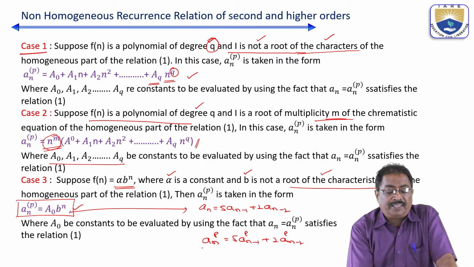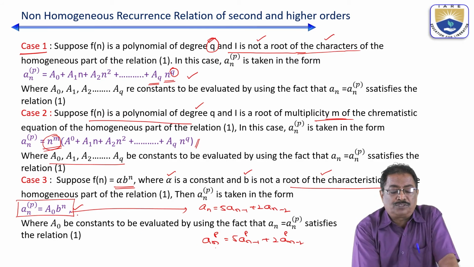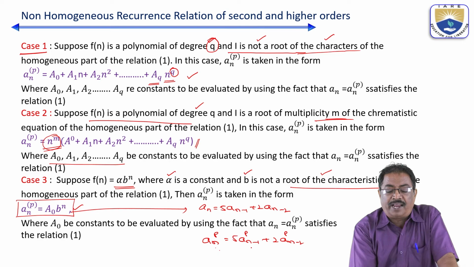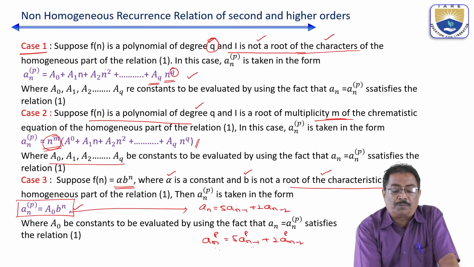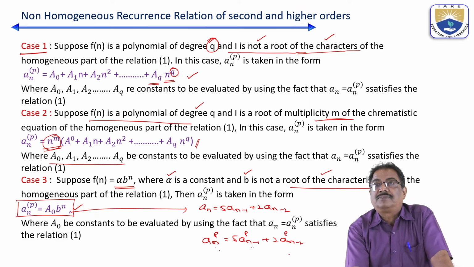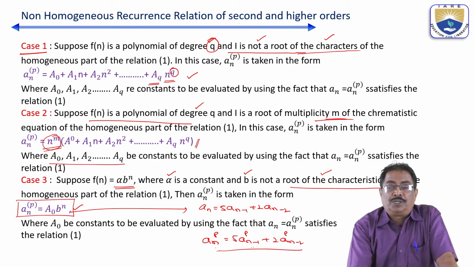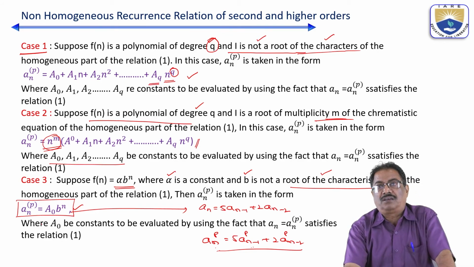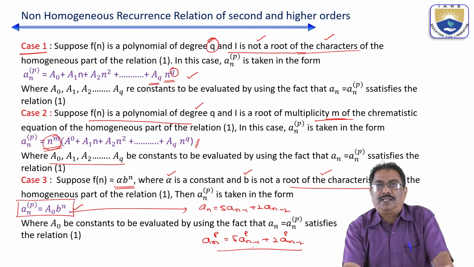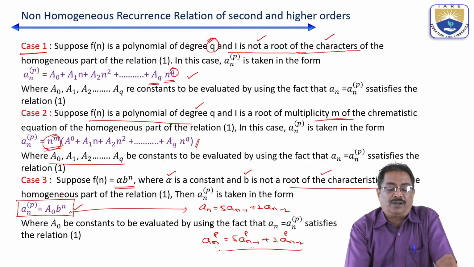In this, I substitute n equals n, then n equals n minus 1, and n equals n minus 2. From this, I am going to equate the constants or whatever the variables will be there, and we are going to find out what A0 is.